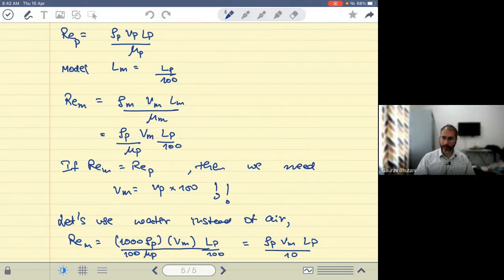Okay, so I'm sure you get the idea here that we have to choose some other properties in such a way that the Reynolds number is the same. Because the idea of scaling down, the idea of similarity, will only work if your Reynolds number is the same for both the model and the prototype.